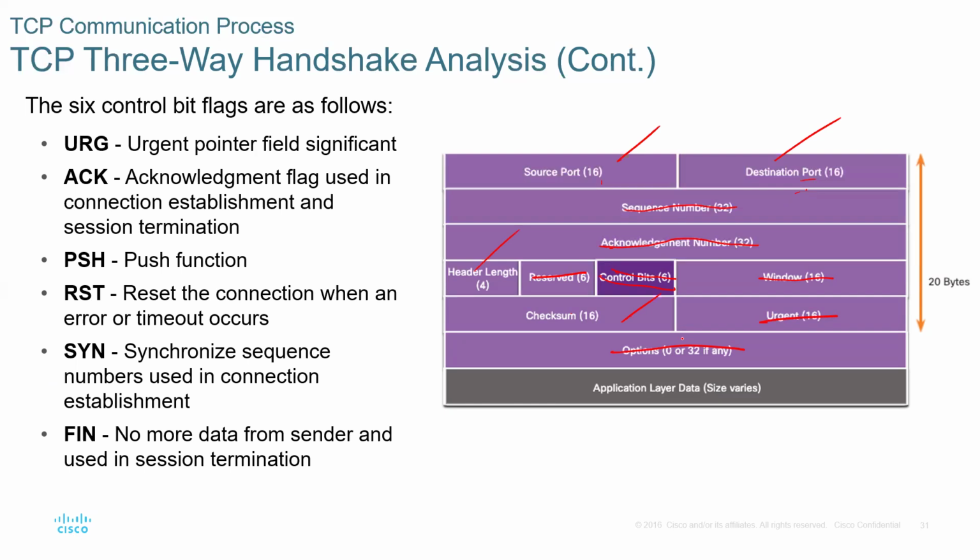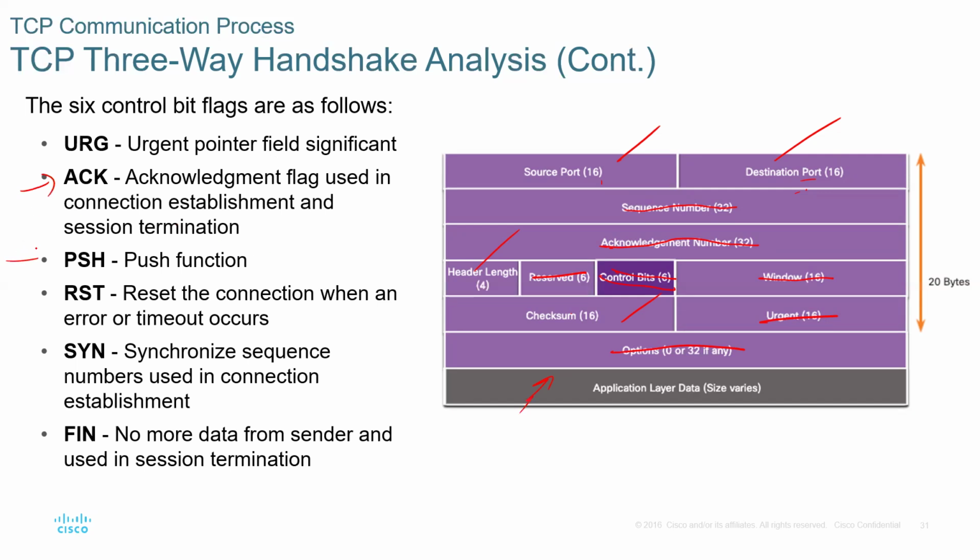Right, going to one minute. Let me just go through quickly. The control bits, we start with URG, which is used to point out that we have urgent data. The control bit tells us the data is urgent basically. Then we have acknowledge, we know this one, to acknowledge information, receipt of information.